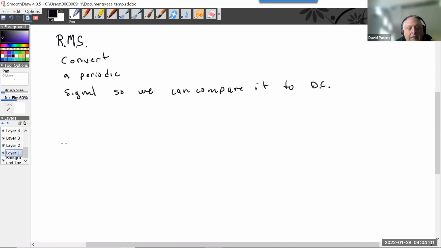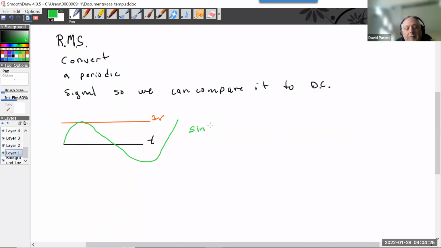So if I have a 1 volt DC signal, how much power in relation, if I have, excuse my drawing, a sine wave. How do I compare those?